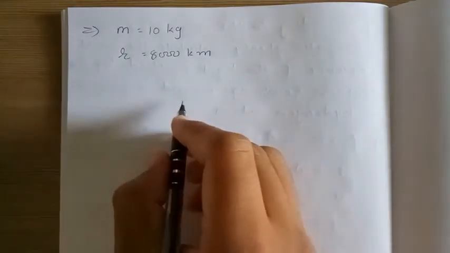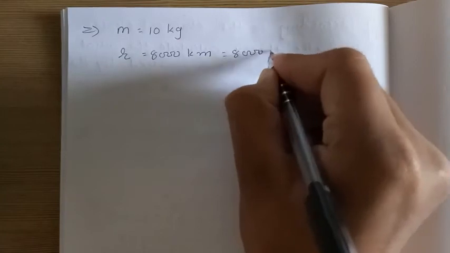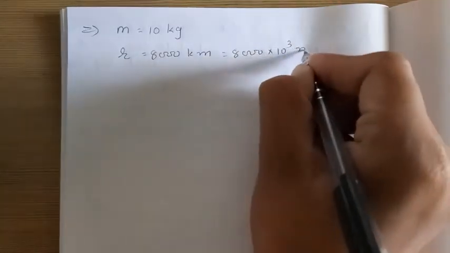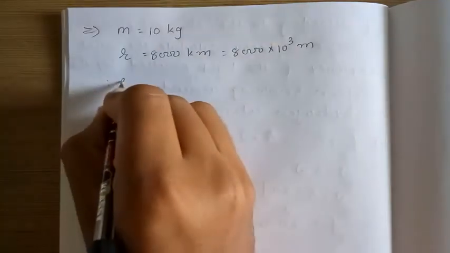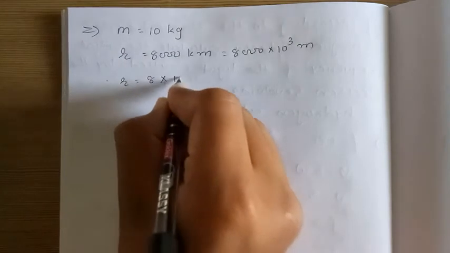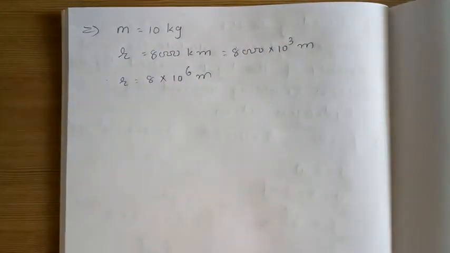We have to convert this kilometer into meter, so 8,000 into 10 raised to 3 meter. 1 kilometer means 10 raised to 3 meter. So the value of r is 8 into 10 raised to 6 meter, 3 plus this 3.